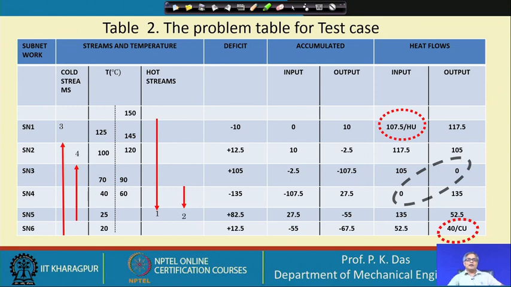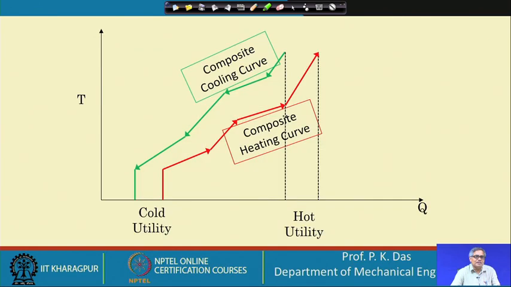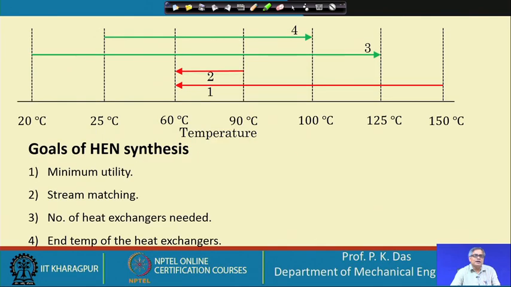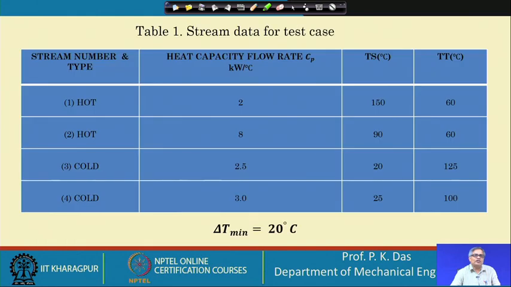And what is the heat capacity rate of this hot stream? Let us go to some previous slide. Heat capacity rate of the hot stream is given here. For the first hot stream, which is 1, the heat capacity rate is 2 kilowatt per degree Celsius.